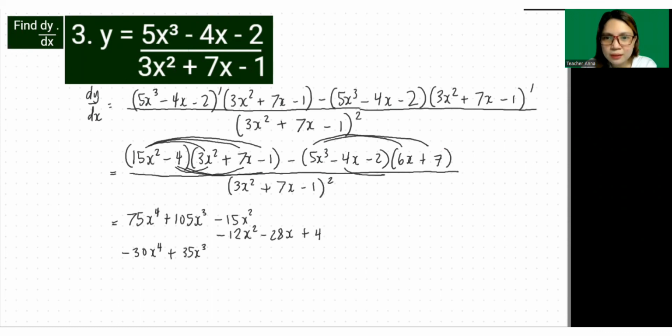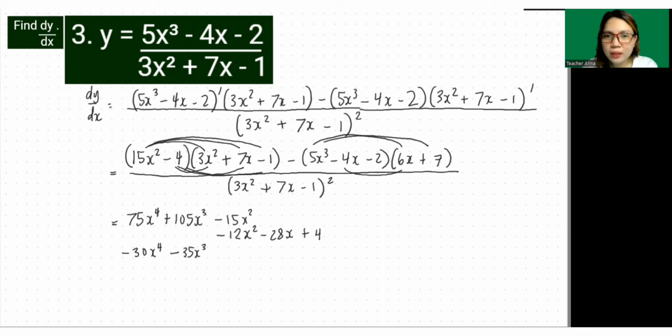Here. That will be, is this correct? Negative 30x cubed, negative, we have accounted the minus sign, right? And then 5 times 7 is 35, but the minus sign before that. So that should be minus 35x cubed.